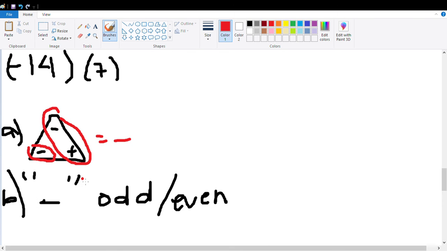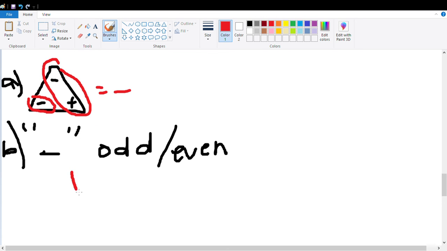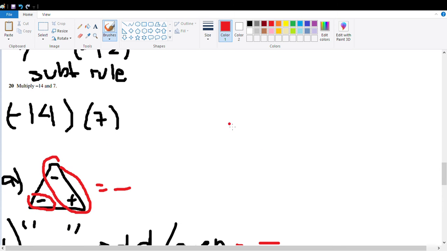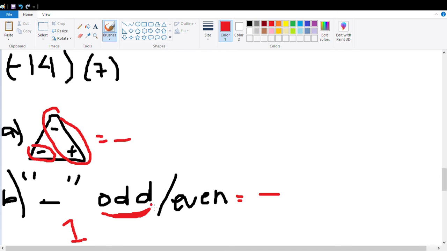Now the odd even rule. How many negatives do we have in this problem? One. And that is odd. So what does that say? If we have an odd number of negatives and we're multiplying, it's going to be negative. So see, they're both, this pretty much just determines the sign we're going to use.